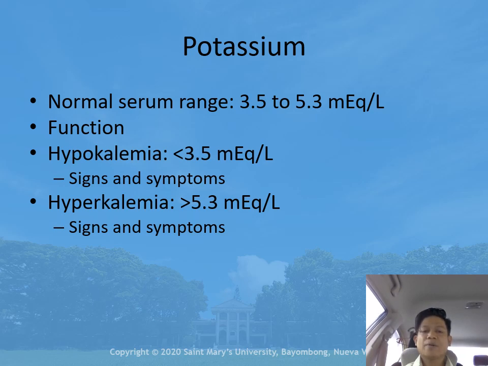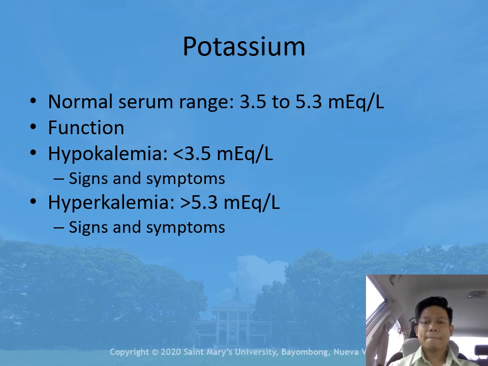The nurse must monitor for cardiac irregularities. In monitoring a client taking potassium supplements, the nurse observes for signs and symptoms of hyperkalemia, which include oliguria, tachycardia, and later bradycardia.